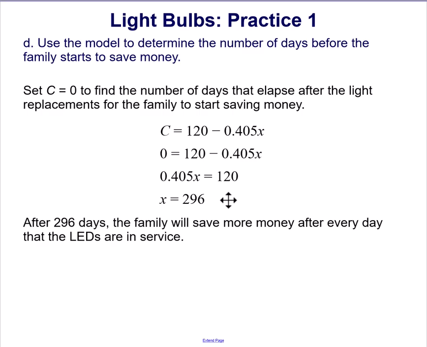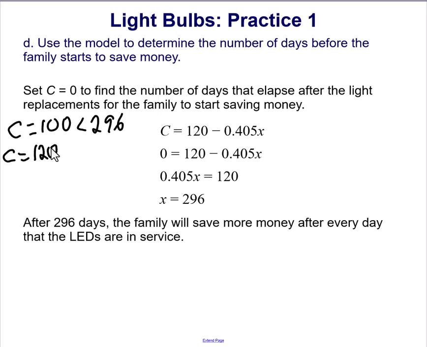That's the break-even point. So I'm going to analyze this a little further before I read the next sentence. What happens if x is less than 296? So let's say x is equal to 100. And 100 is certainly less than 296. So I take my equation and I replace x with 100.